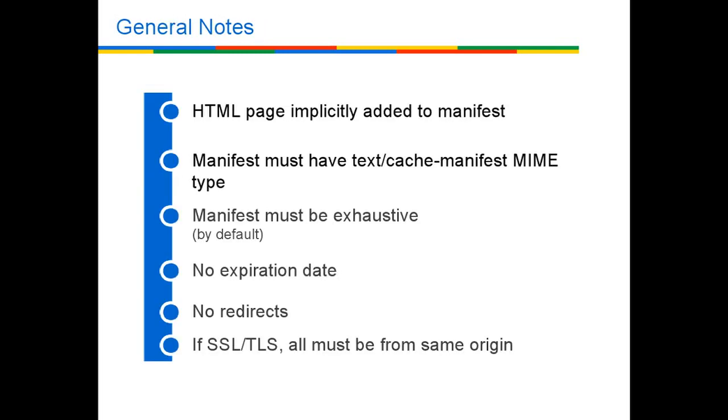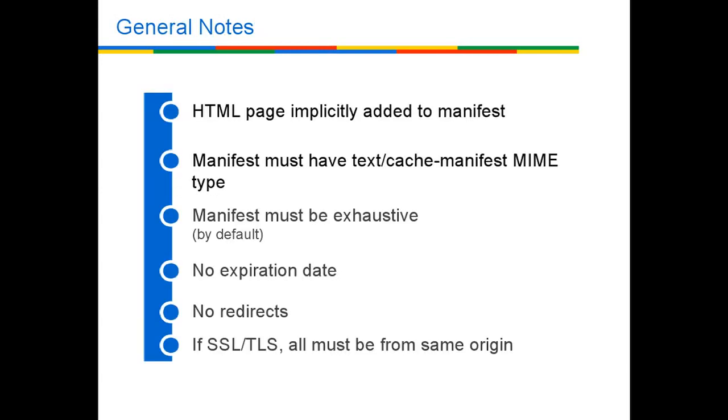The manifest is, at least to start with, very, very simple. You have to have the line CACHE MANIFEST. You can have some comment text if you start the line with a pound sign. And blank lines are ignored, and then there's just the list of actual resources. Notably, the HTML page is implicitly added to the manifest, and this is non-optional.